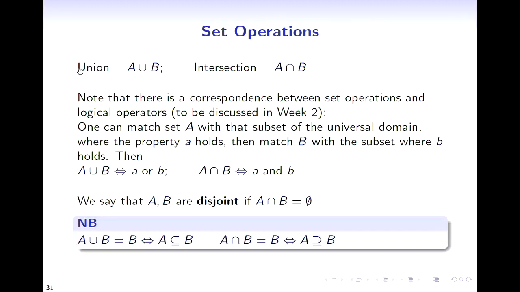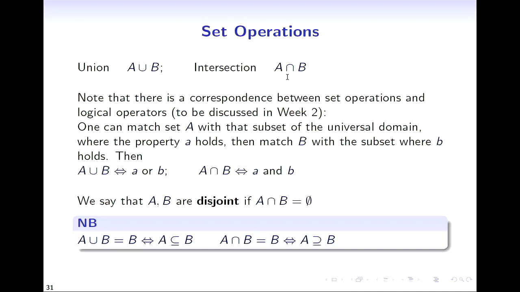Now in a bit more detail, the simplest and most standard set operations would be union, where you take any element that is in A or in B, so you take all elements in A and B together, versus the intersection, and this would be the standard mathematical notation for that.